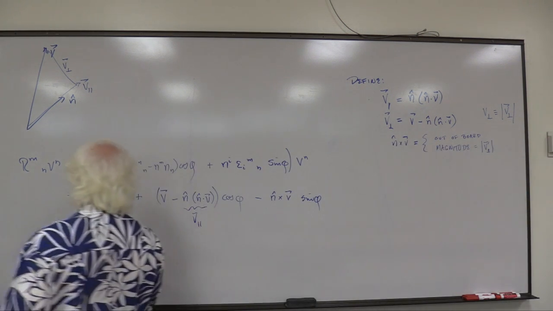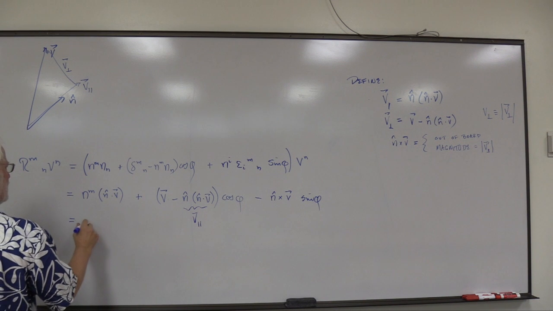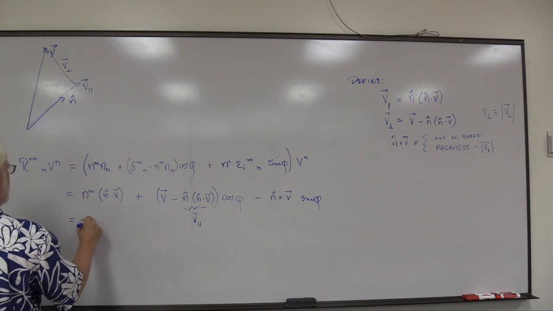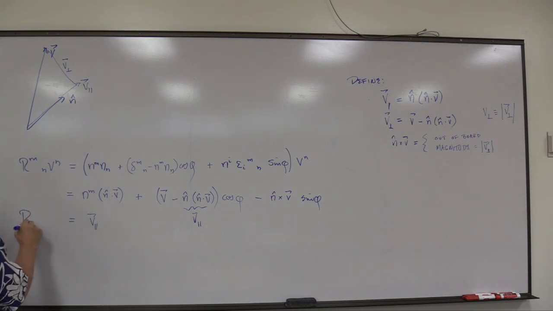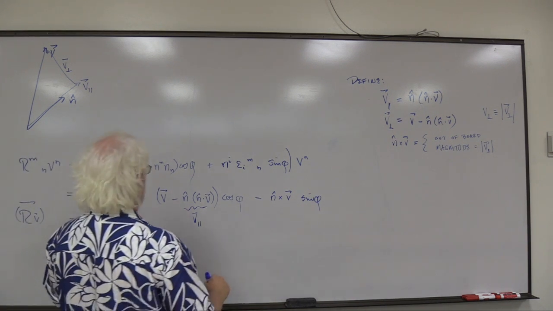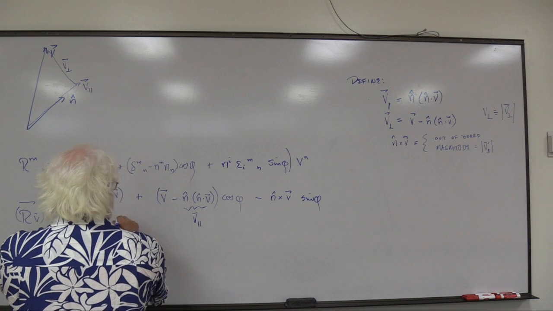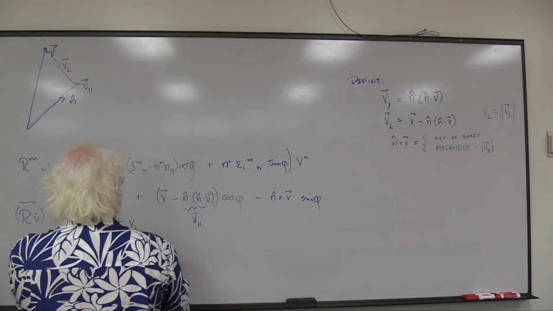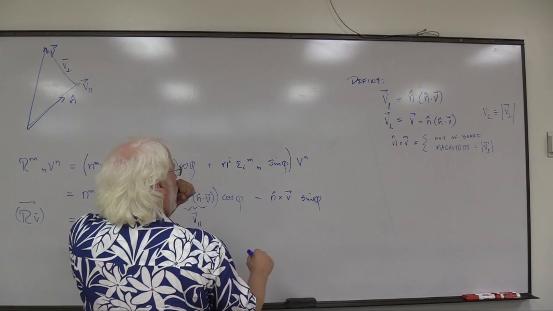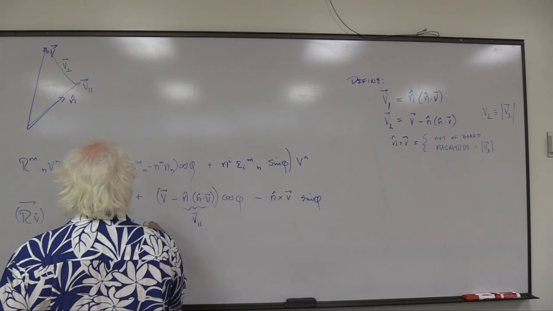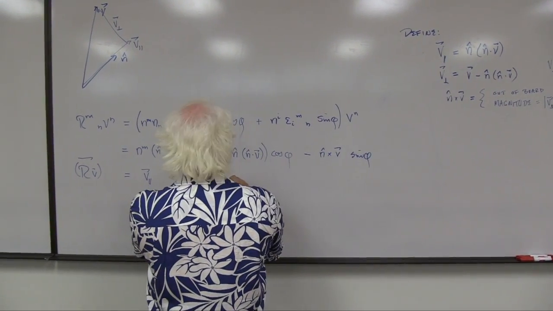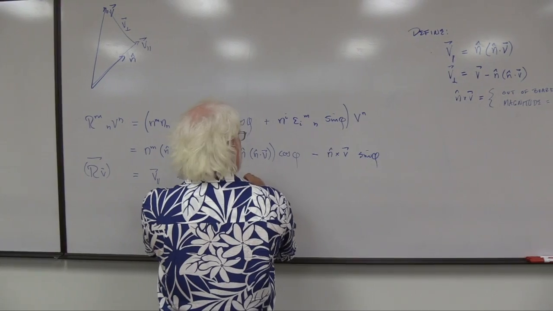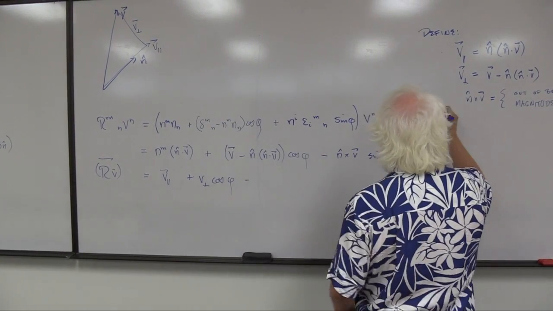Then I can write R acting on the vector v as v parallel, plus two terms: v perpendicular times cosine phi, and then minus, what should we call this?